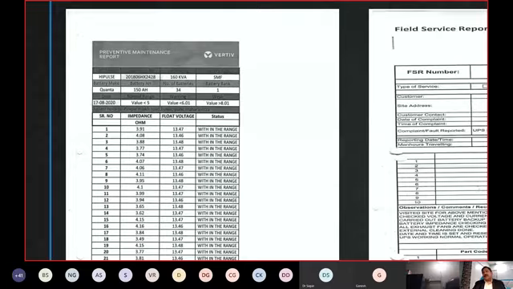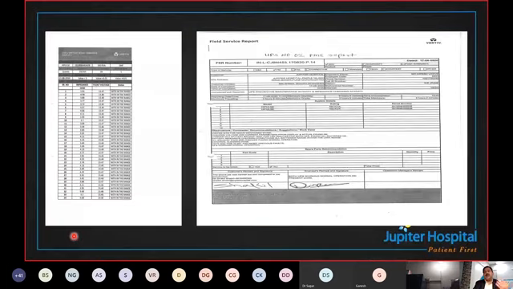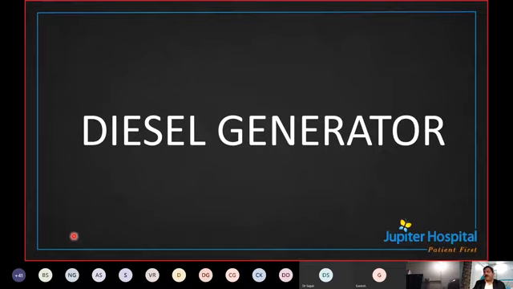So now diesel generator. The third thing which is there, very, very important, diesel generator. Now this design totally depends on the load. In our hospital, our entire load is like 1000 kVA, and 2 diesel generators are there. Now there are different types of diesel generators.